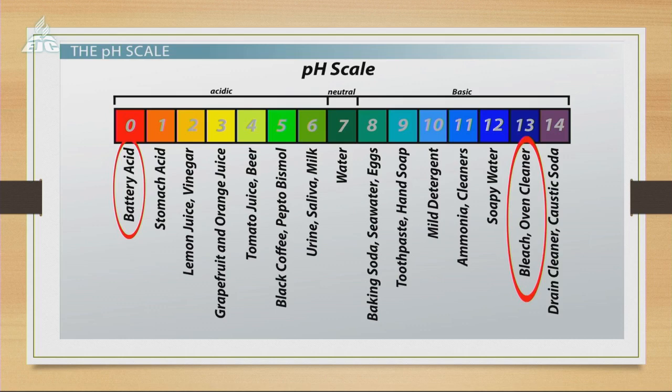So if you want to know not just if something is acidic or basic, but how acidic or basic these substances are, we refer to the pH scale. And if we want to identify the exact pH of a substance, we would have to use universal indicator, or what we call pH paper, or a pH meter.